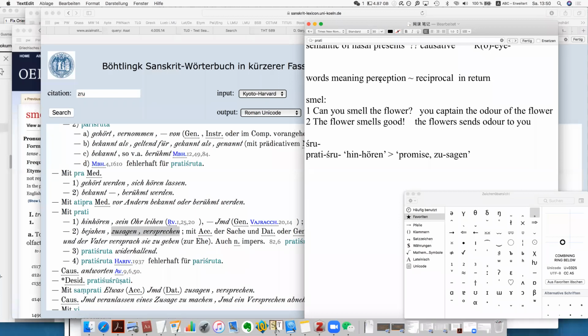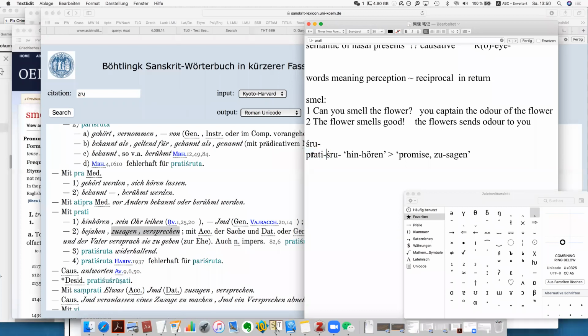So words meaning perception can have this reciprocal meaning. In the case of Sanskrit, we have to use this preverb, right?